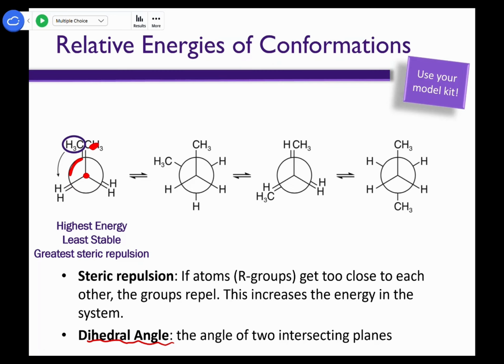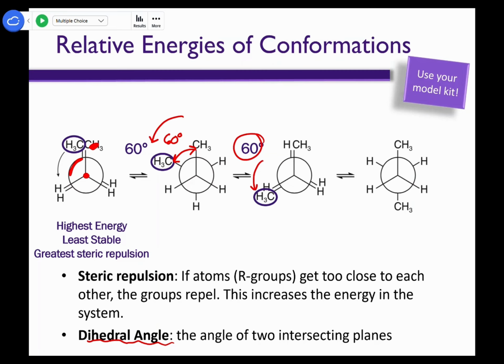And our two interesting groups are now 60 degrees apart because we rotated it 60 degrees. And of course, we rotated that whole angle. Well, we can rotate another 60 degrees. We're going to keep the front carbon in the same arrangement.